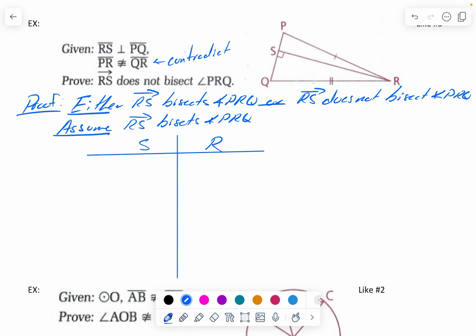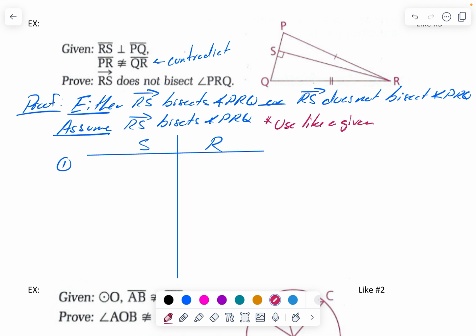So that assumption we don't put in our proof, but we're going to use, maybe we'll do a different color there. Use like a given.